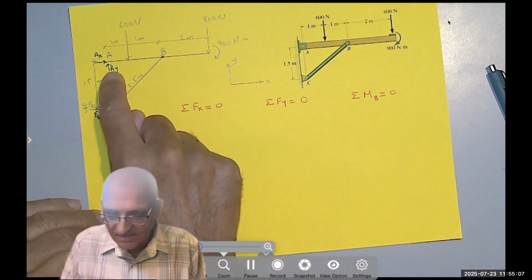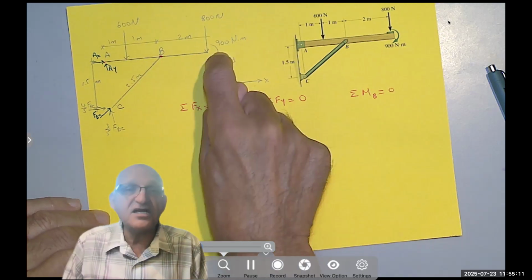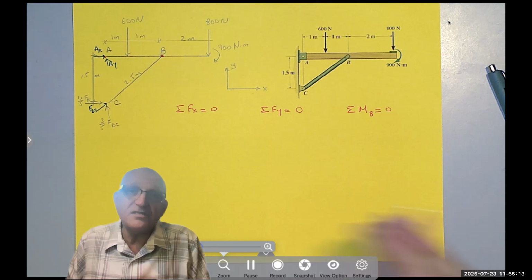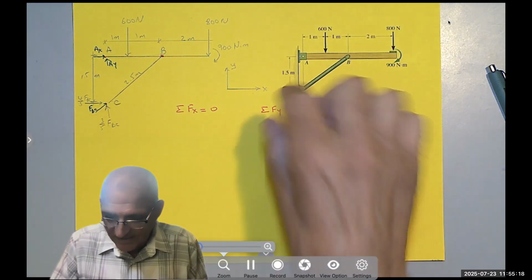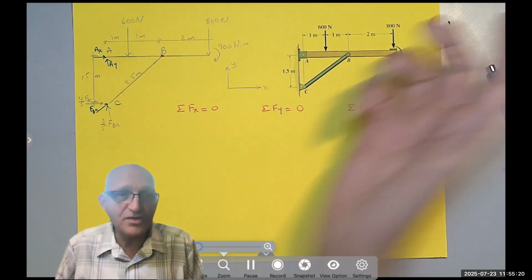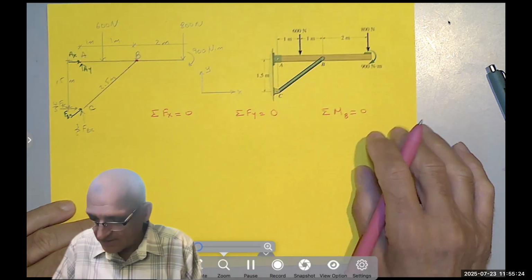But Ay does, the 600 does, the 800 does, and this 900 Newton meter does, because it's already a moment. It's a free moment. You can take it from here, place it at B without changing anything as you learned before. That's a moment of a couple.